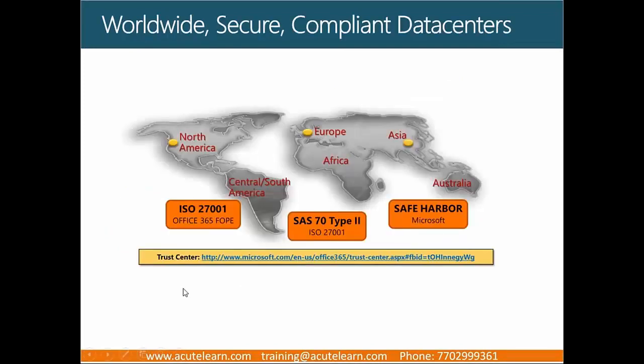So these data centers which are serving the Office 365 applications are being globally distributed. Microsoft is adding these data centers across the globe. Initially, they started with very few data centers. Today, they have roughly around 20 plus data centers across the globe.